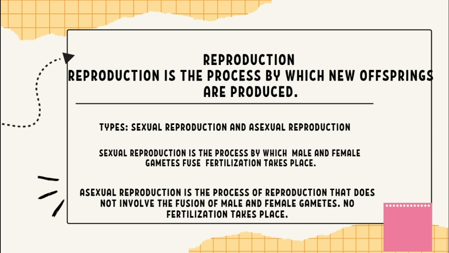There are 2 main types of reproduction: sexual reproduction and asexual reproduction. Off the bat, when I say sexual versus asexual reproduction, human beings don't undergo asexual reproduction. Let's just put that out there, right?